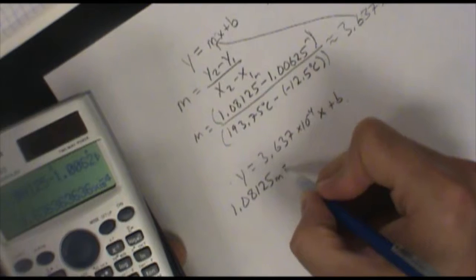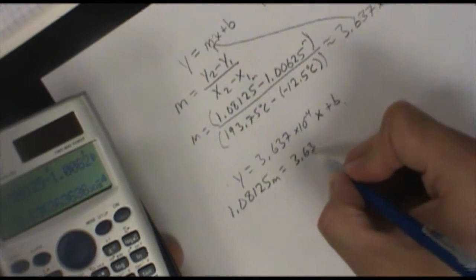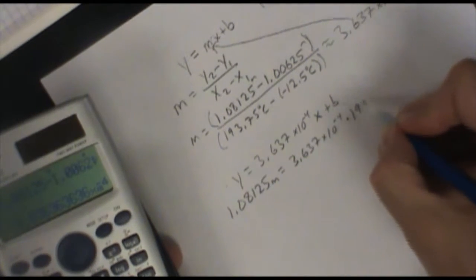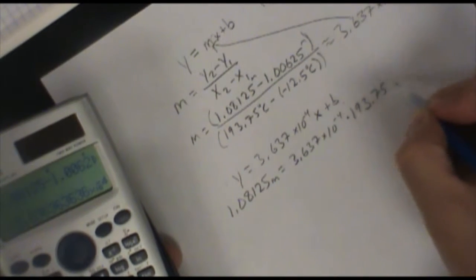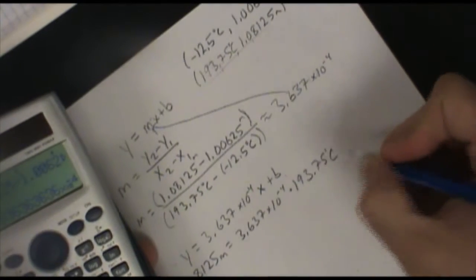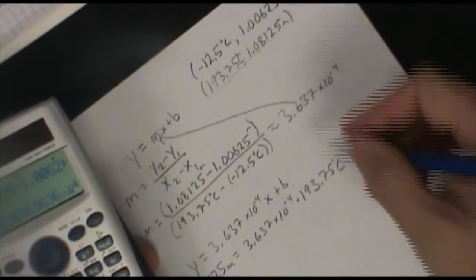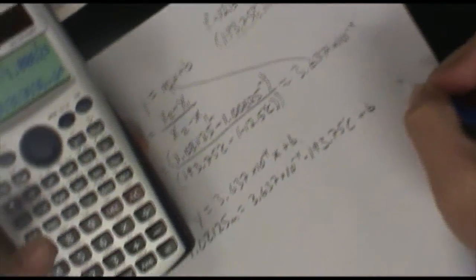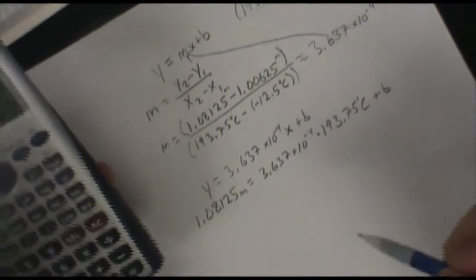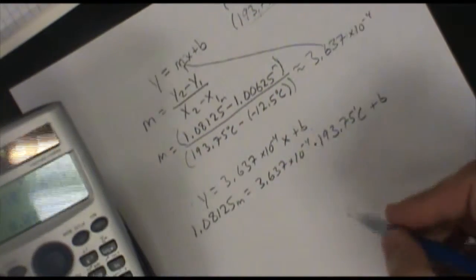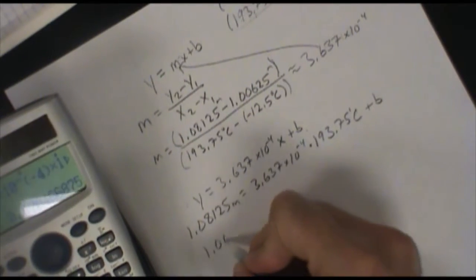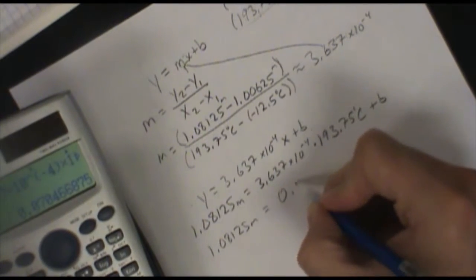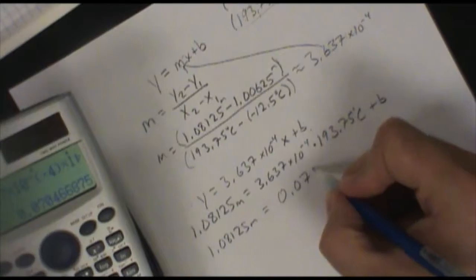1.08125 meters has to be 3.637 times 10 to the minus 4 times 193.75 degrees C. Oh, I left out the units. I will come back to that. Plus b. I can now solve this equation for b. I'm just going to do it all on the calculator.